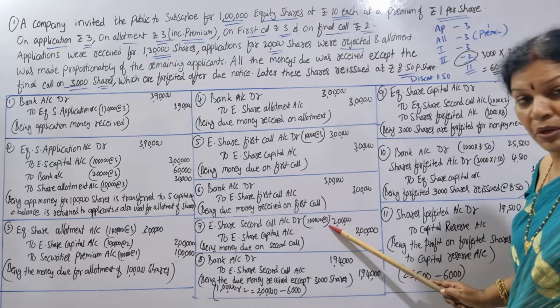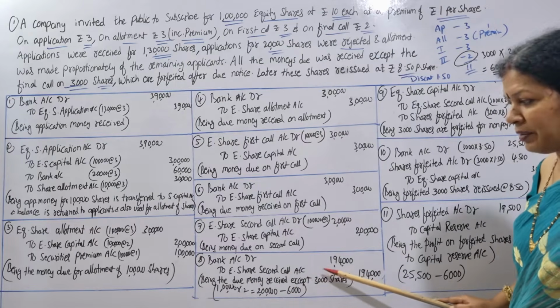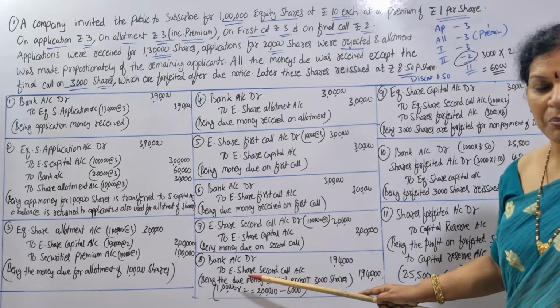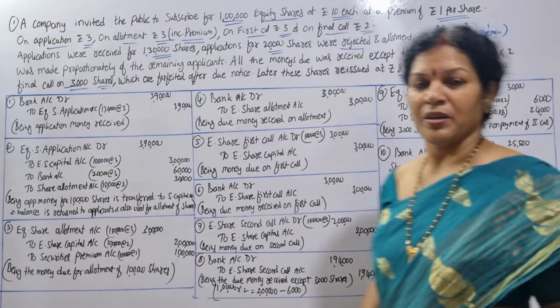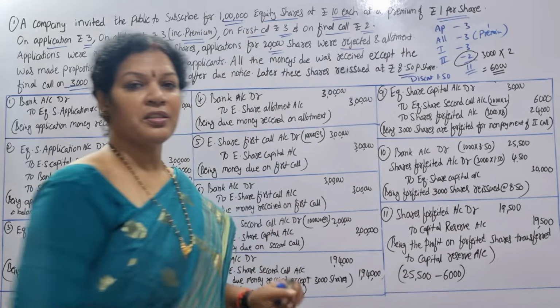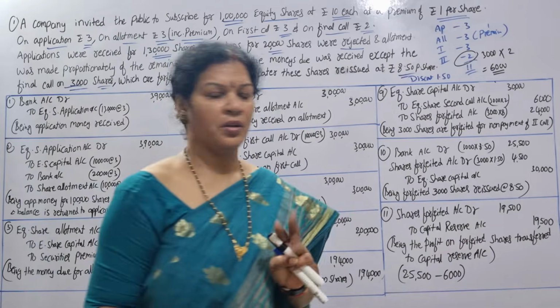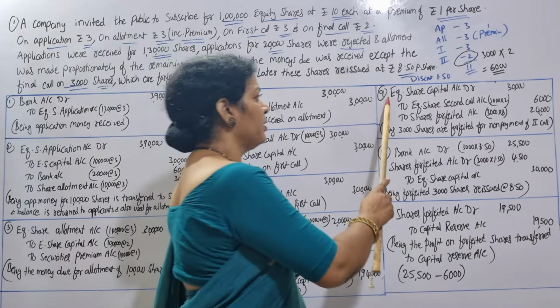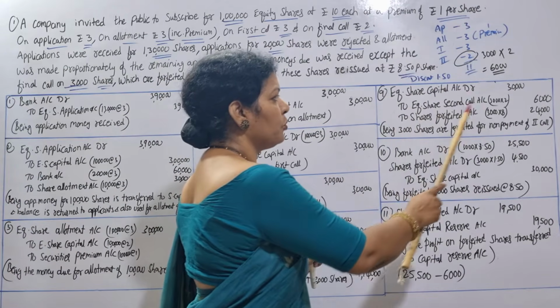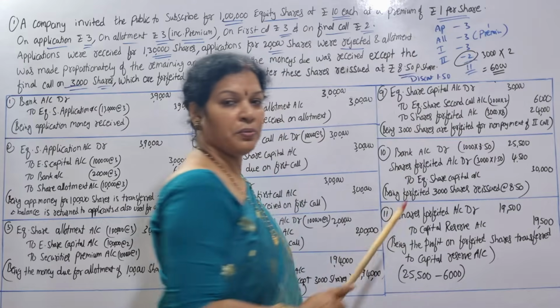So out of 2 lakh, 6,000 deducted, and we have written receiving the rest of the amount, 1,94,000. Then after that, remember these three entries as I taught you. One is for forfeiture, and the forfeited entry is always the same: equity share capital debited to share second call and shares forfeited.